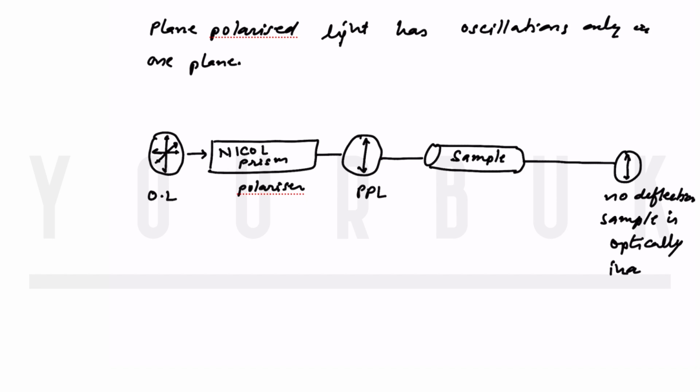The second option is that the light may interact with the sample and get deflected. Then two options are there. Either the light can deflect clockwise, like this, or the light can deflect anti-clockwise.